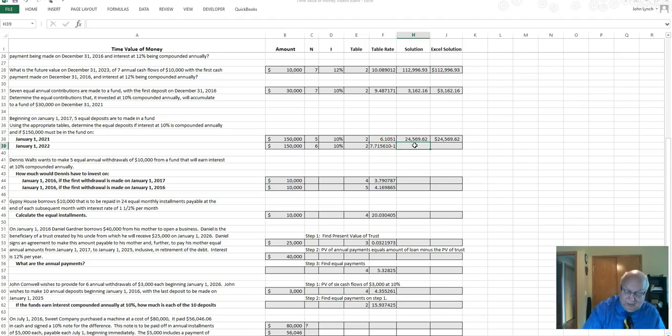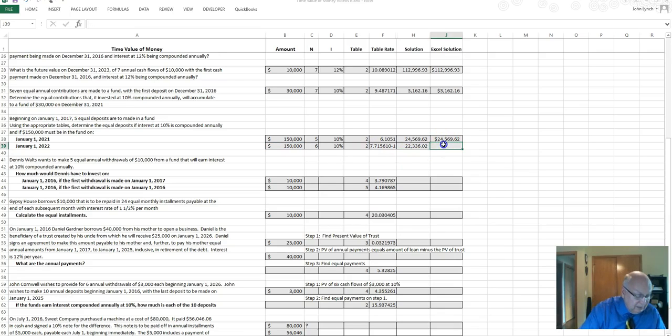Okay. So what you would have then is equal to the 150,000 divided by, I want to write it in here this time, 7.71561 minus 1 and close.